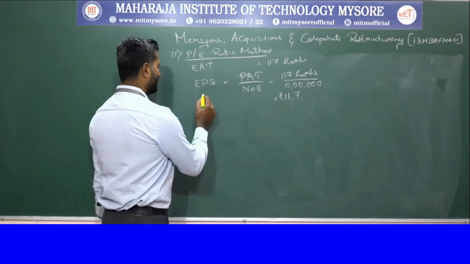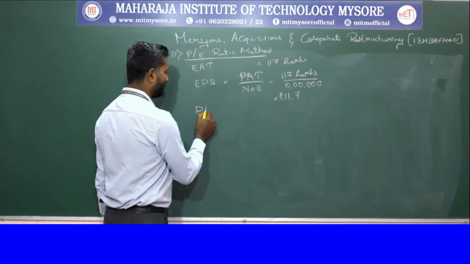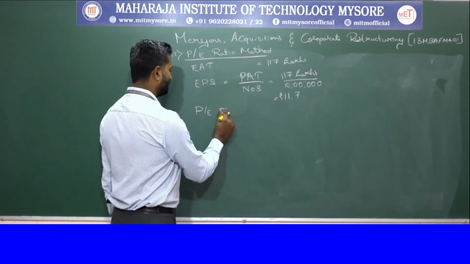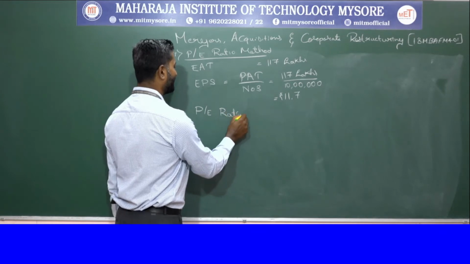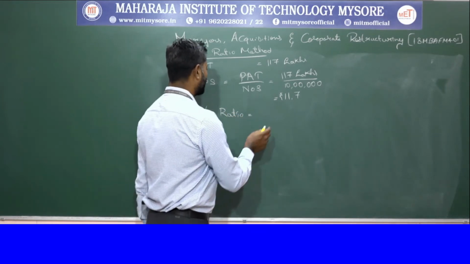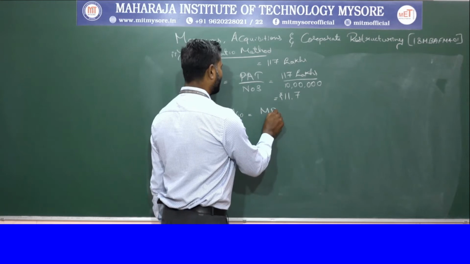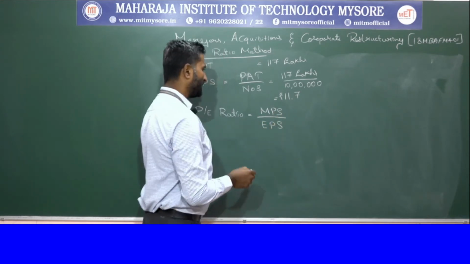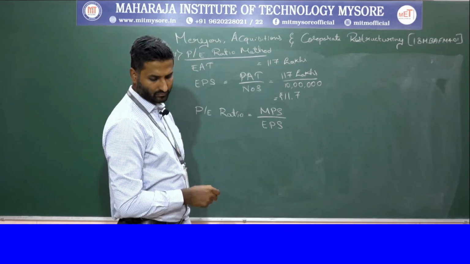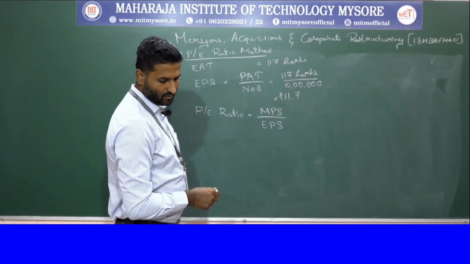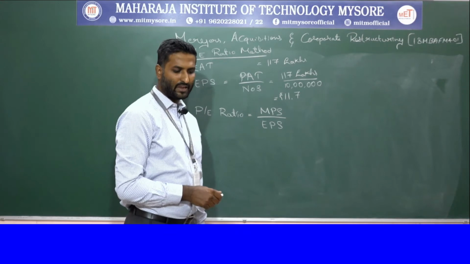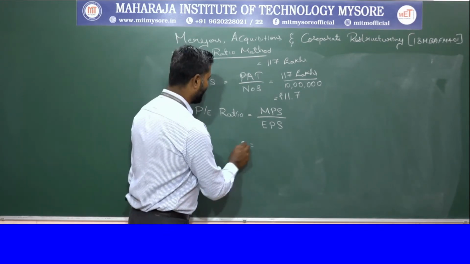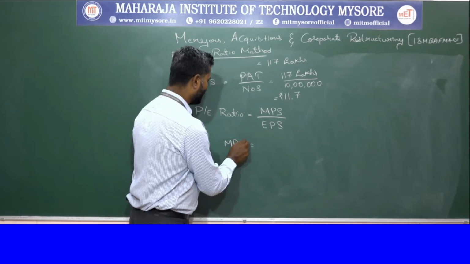Then we can make use of the P/E ratio formula. So P/E ratio, price to earning ratio, is MPS divided by EPS. As per the problem they have given the P/E ratio is 10 times. So therefore we can easily calculate what will be the MPS.